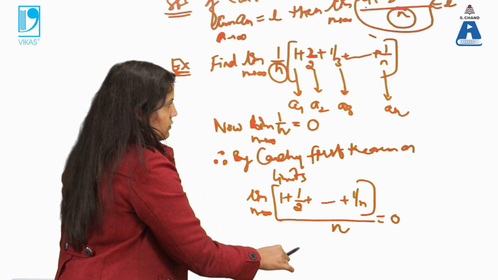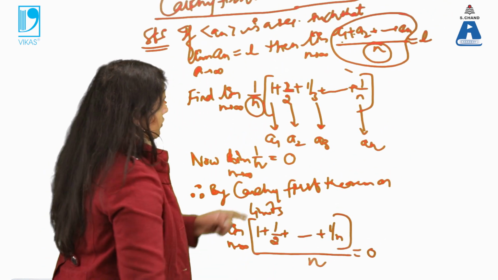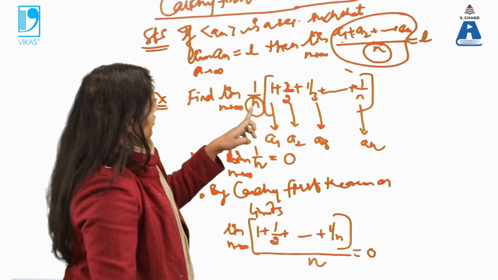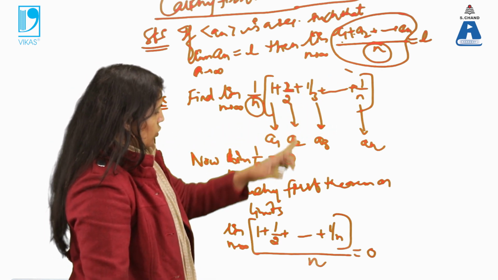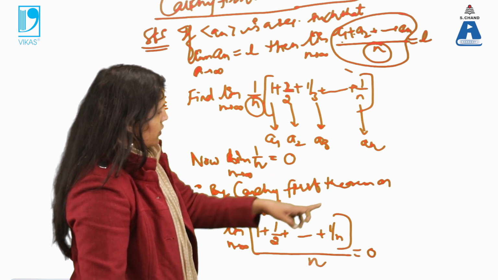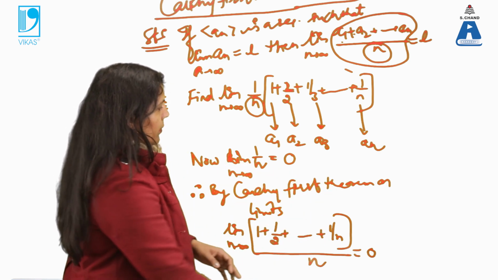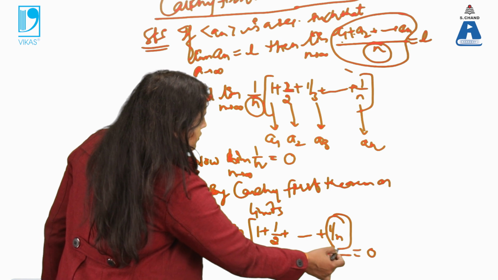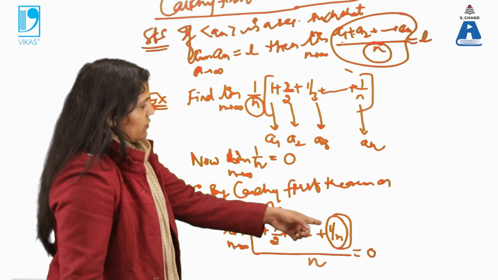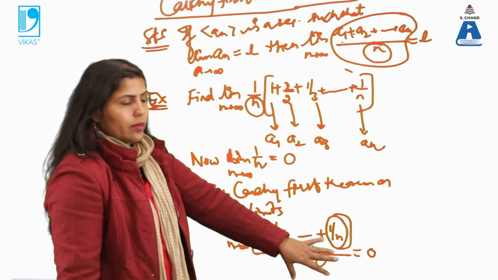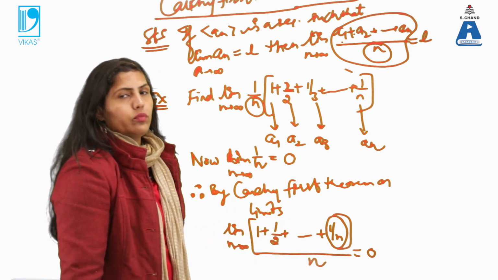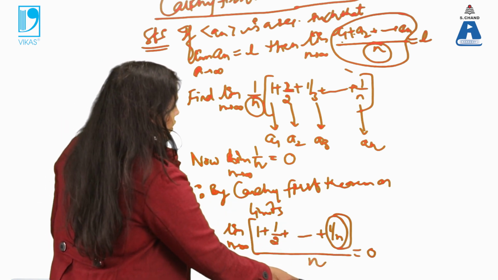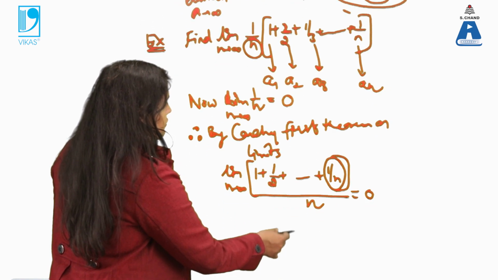And this is the question which we were asked to find the limit of. So by the help of the first theorem on limits we got the answer. Because the nth term limit is 0, this sequence will also converge to 0. This is the result of the first theorem on limits.